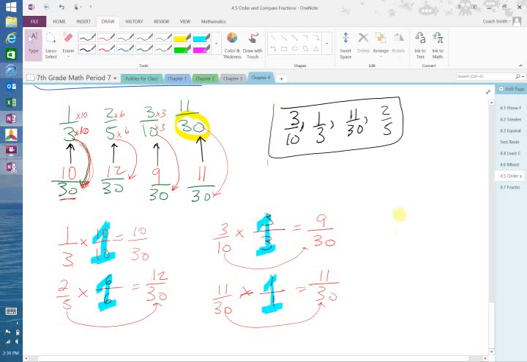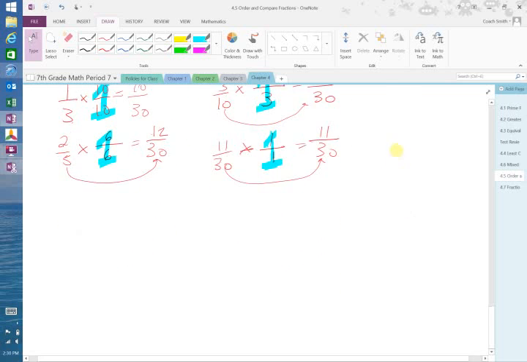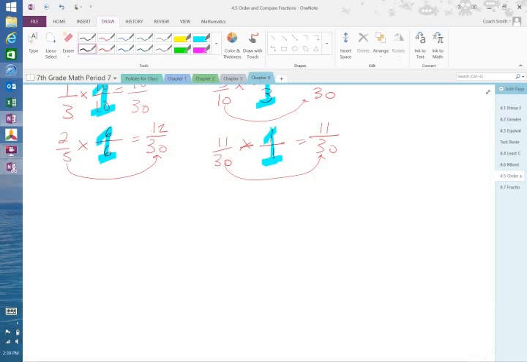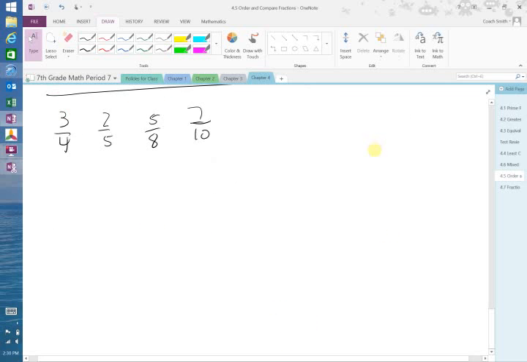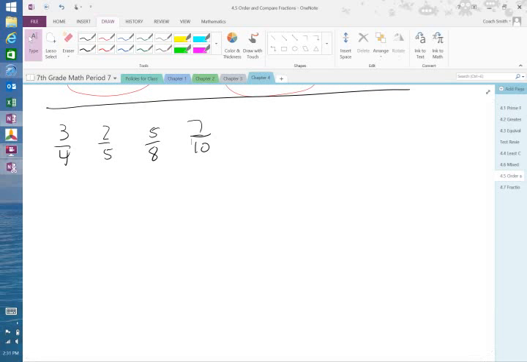Okay? Let's do another one of those. 3/4, 2/5, 5/8, and the 7/10. So I want to find the common denominator between 4, 5, 8, and 10.